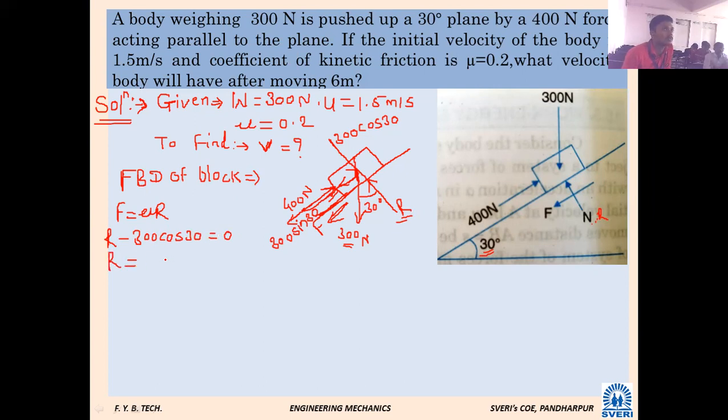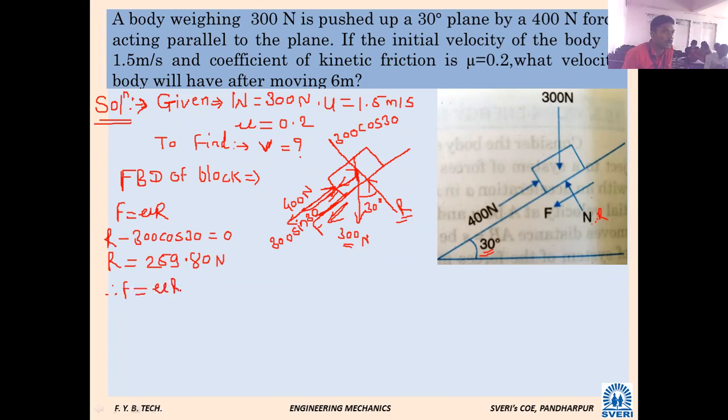From this, R is equal to 259.80 Newton. From that, can we find F? What is the formula for F? F is equal to mu into R. Do we know mu?